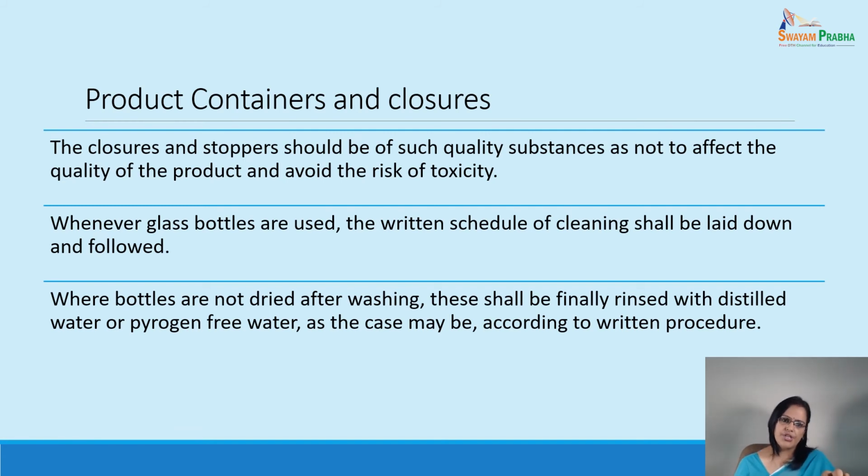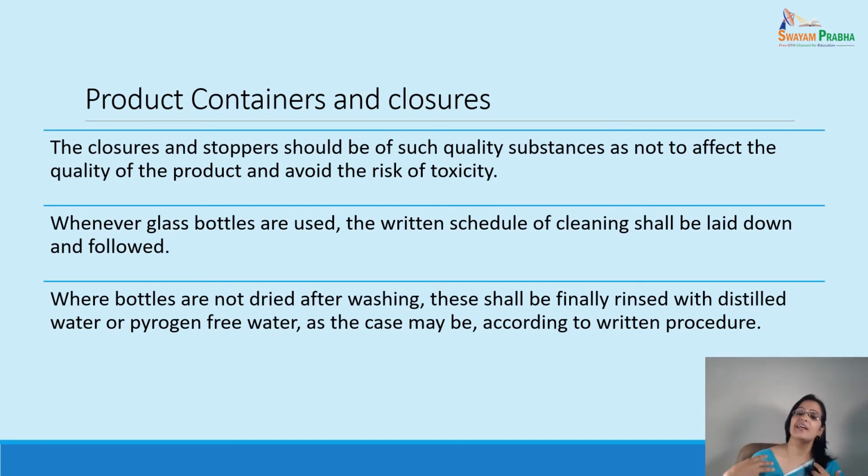The rubber closure which we put on the vial, if it gets contaminated, is also one of the sources of contamination, so you have to make sure of this. The closure and the stopper should be of such quality that their substances do not affect the quality of the product and avoid any risk of toxicity.